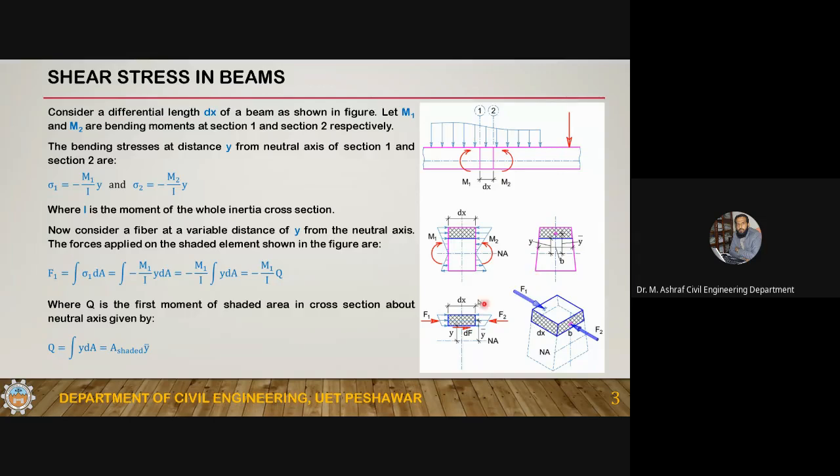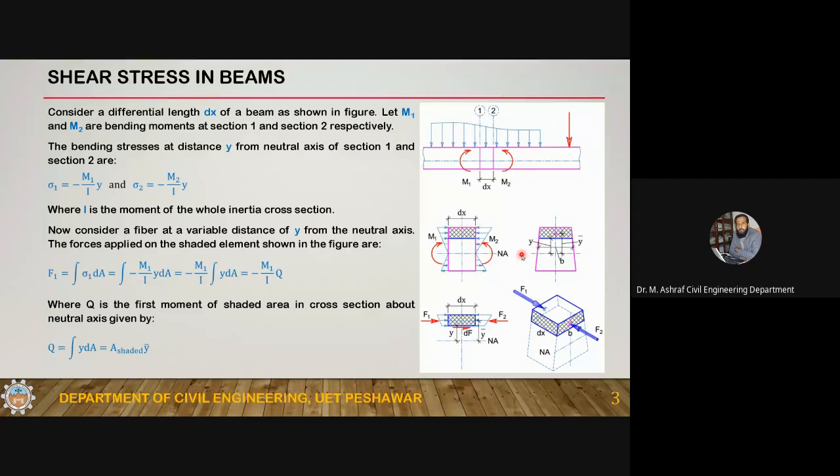And at section 2, the stress sigma 2 is equal to minus M2/I × y. Okay, so these are the stresses induced at section 1 and section 2 because of these bending moments M1 and M2 respectively.